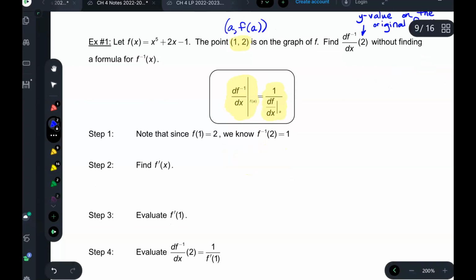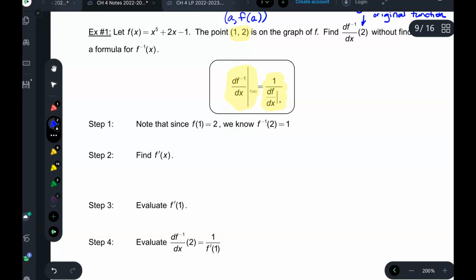Okay, so here, this is just a quick one. If f of 1 equals 2, we know f inverse of 2 equals 1. So let's find f prime of x.